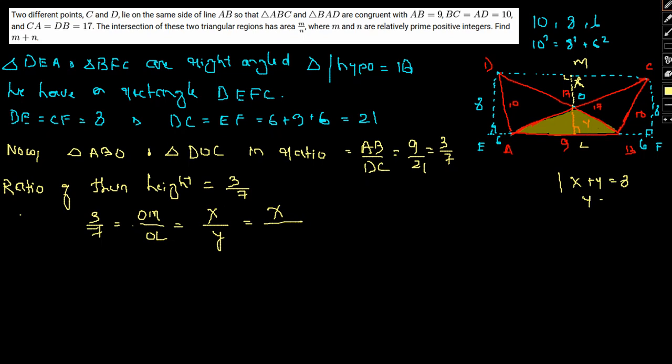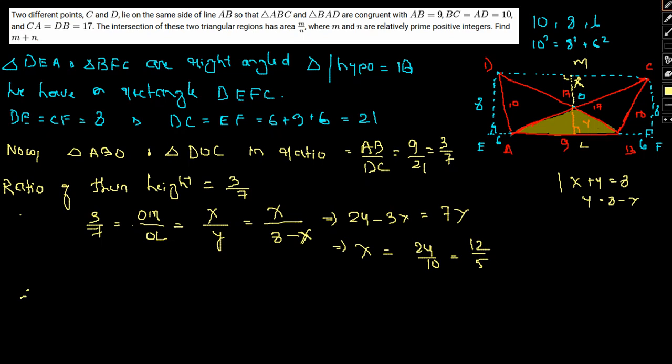Therefore Y equal to 8 minus X. So we can actually write X by 8 minus X equal to 3 by 7. So this in turn can be written as 24 minus 3x equal to 7x, which in turn gives x equal to 24 by 10, or 12 by 5.